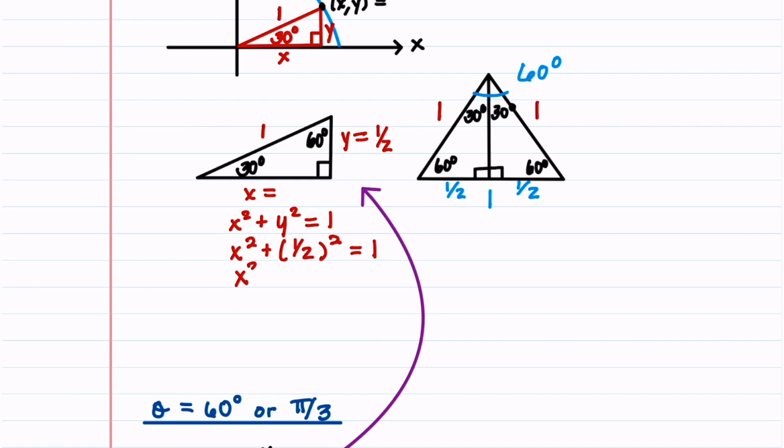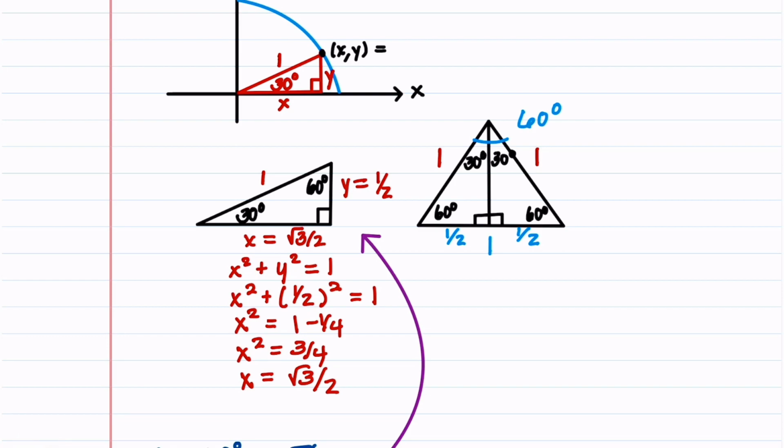So x squared is going to be 1 minus 1/4. So x squared is 3/4, and x is the square root of 3 divided by 2. Let's go ahead and put that up in our picture. So x is the square root of 3 divided by 2.